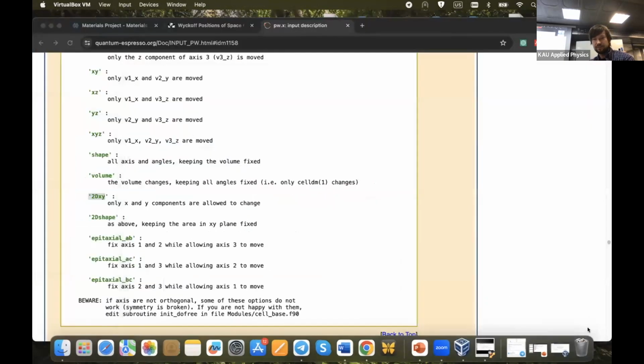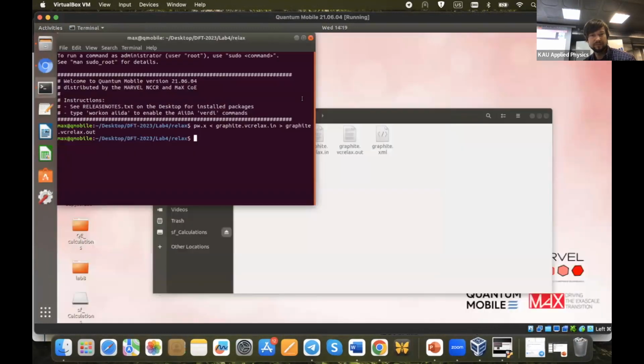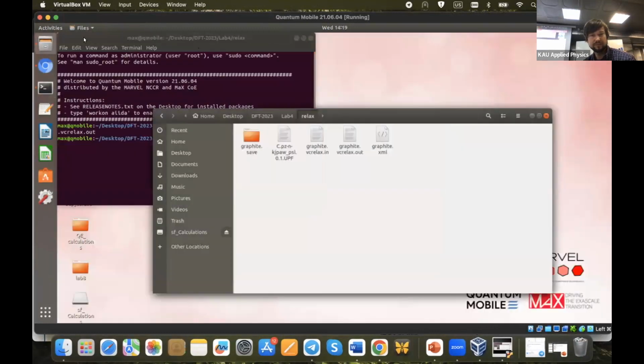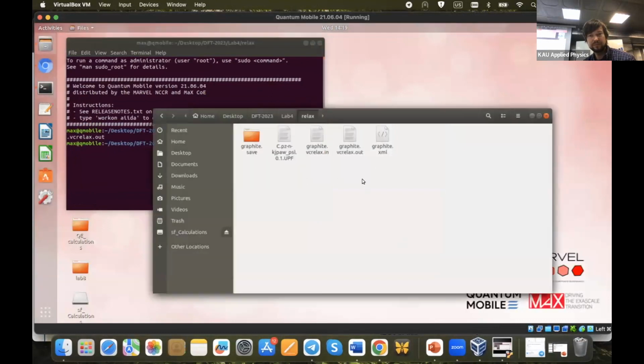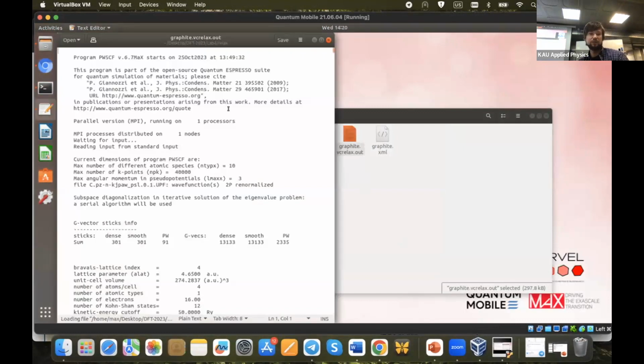Okay, so let's proceed to some calculation results. What have we got? I think all of you have this file, the graphite vc-relax output, and now we can work with it.